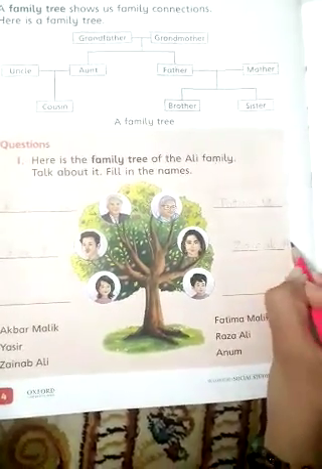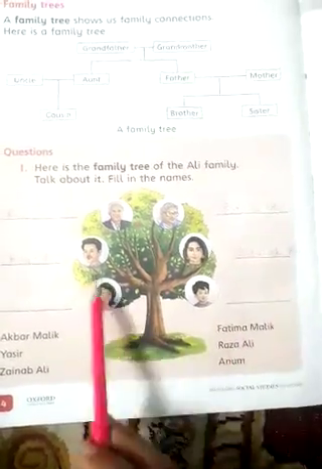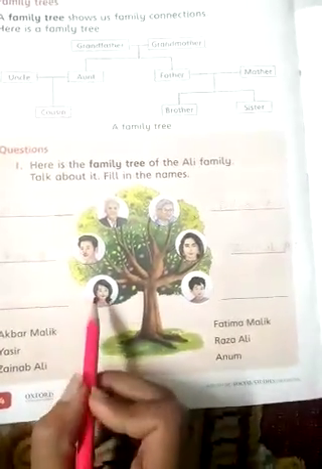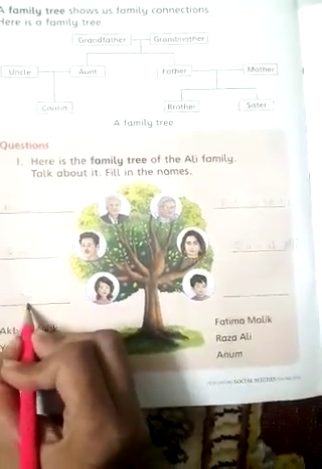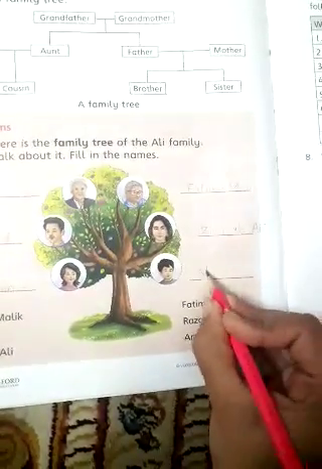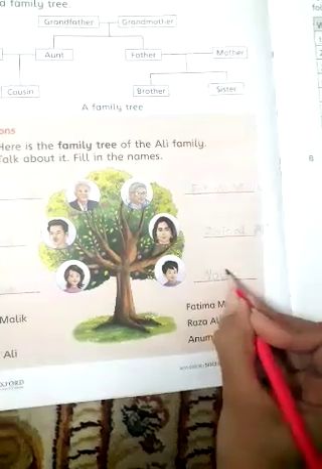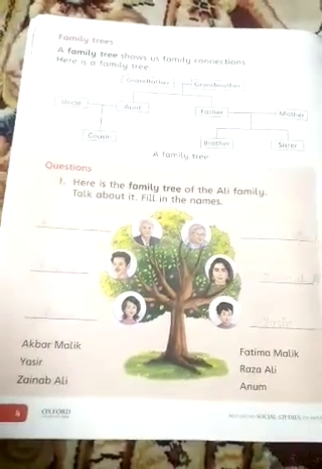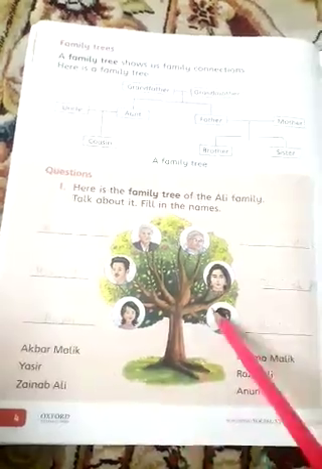Zainab A-L-I. Ali. They both are parents of Anam and Yasir. Who is she? She is Anam. A-N-U-M. Anam. And he is Yasir. Y-A-S-I-R. Yasir. This is the family tree and they are connected to each other.